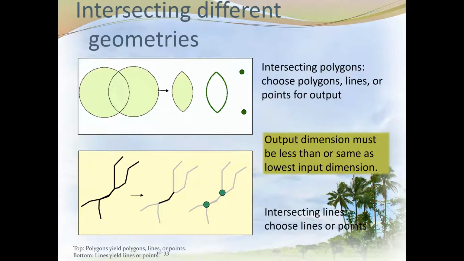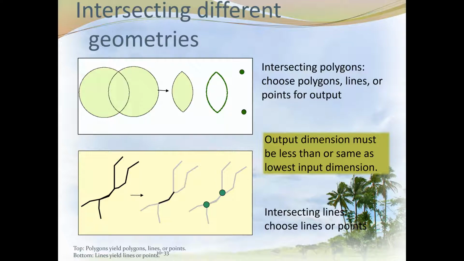Whereas the union function requires two polygon input layers, the intersect command is more versatile. Both input and overlay layers may contain points, lines, or polygons, and the output geometry may vary, but it cannot exceed the dimensionality of the lowest input. If the inputs are both polygons, the output may be points, lines, or polygons.